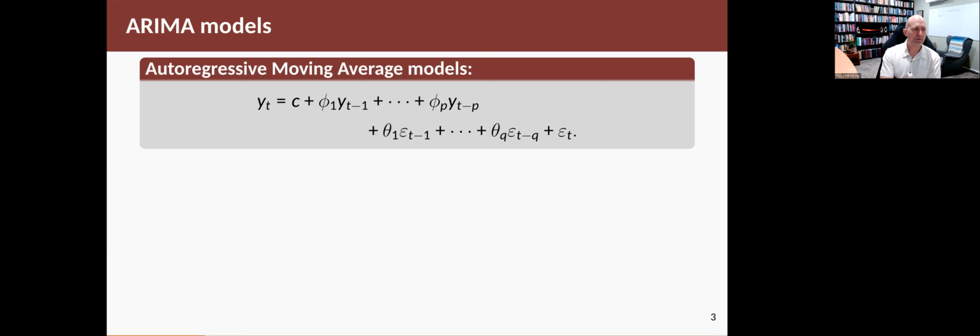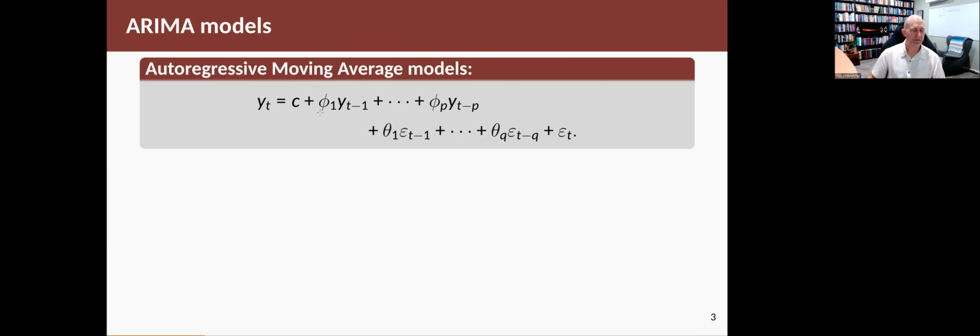So let's write out the full model then. This is without the differencing part, so this is just autoregressive and moving average together. And we have on the left-hand side the variable you're interested in, and on the right-hand side all the lagged AR parts up to lag p, and all the lagged MA parts up to lag q.